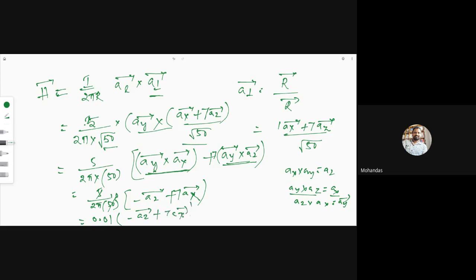So tell me the final value. 7 into 0.01 becomes 0.07 into AX. So this will be the magnetic field intensity at the field point 3, 4, 5.